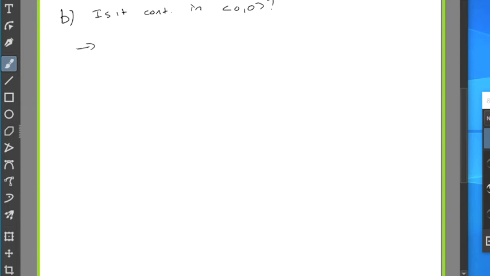And then, by the definition, that's exactly the same as asking if the limit of f(x,y) as (x,y) goes to (0,0) is equal to the value of f in (0,0), which in this case is 0. So, okay, how would we go about to solve this problem? Well, let's look at the formula for f.